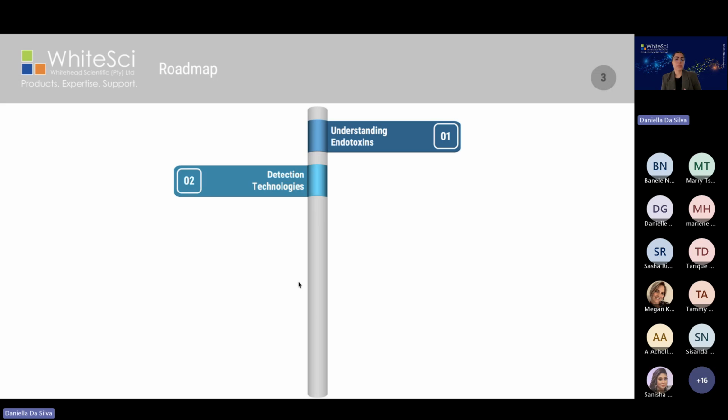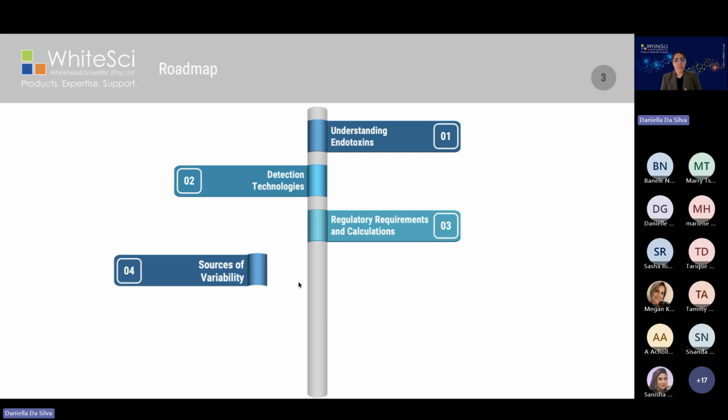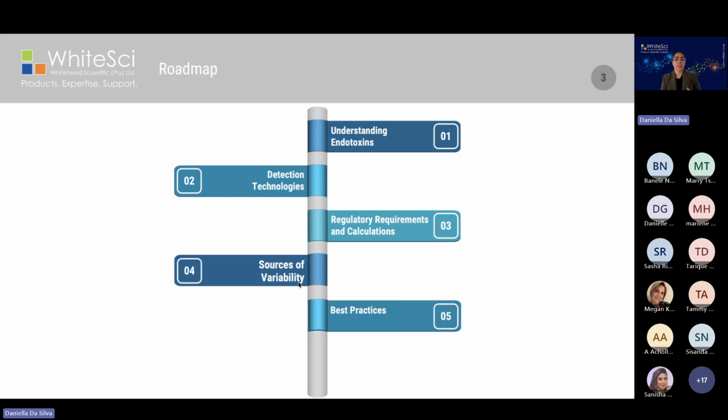We'll then move into the major endotoxin detection technologies and look at the biological principles behind each of the assays.